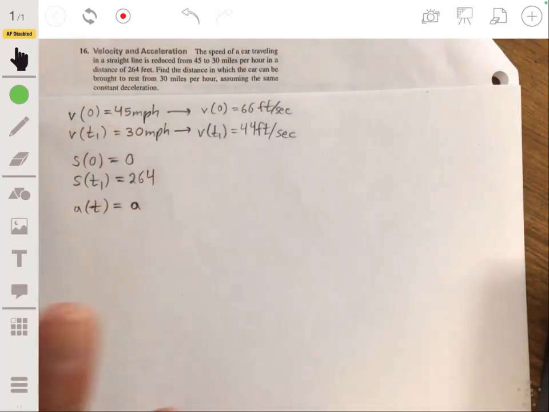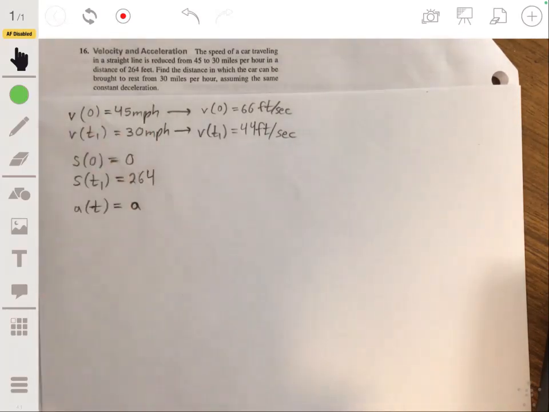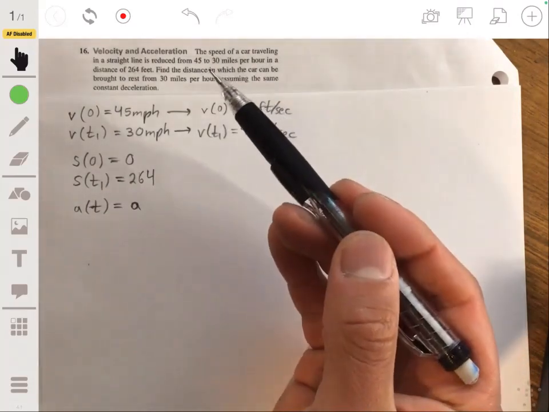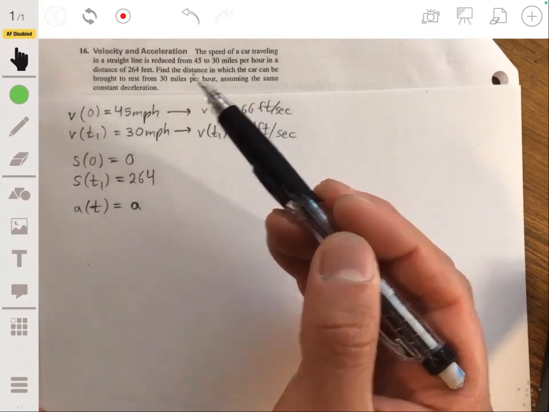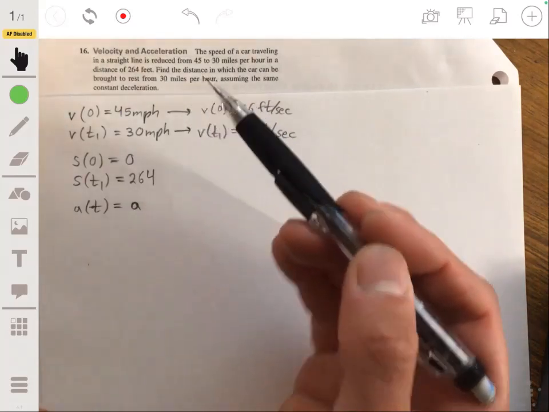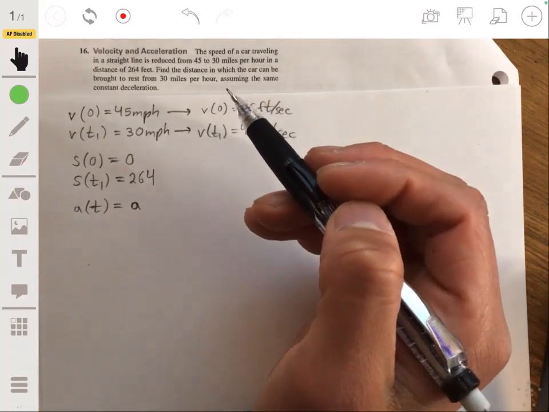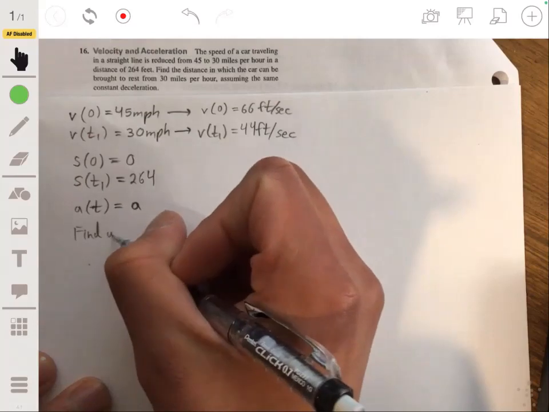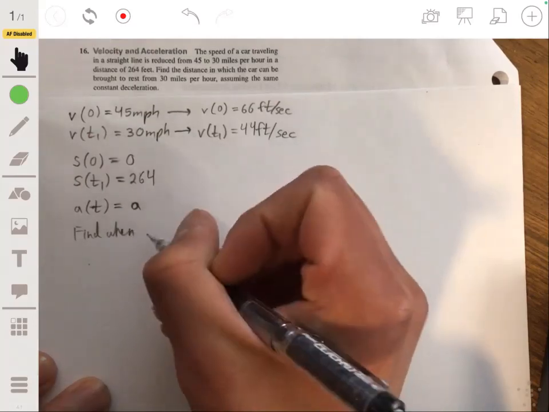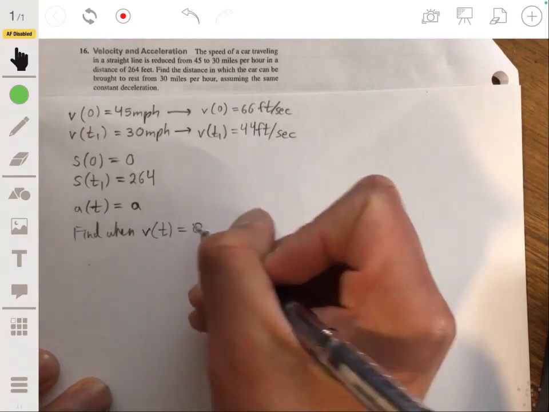And from here, let's figure out what we're trying to ultimately get in a mathematical equation. We're trying to find the distance, or the position, of the car at some time t when its velocity is 0. So we want to find when v of t equals 0.